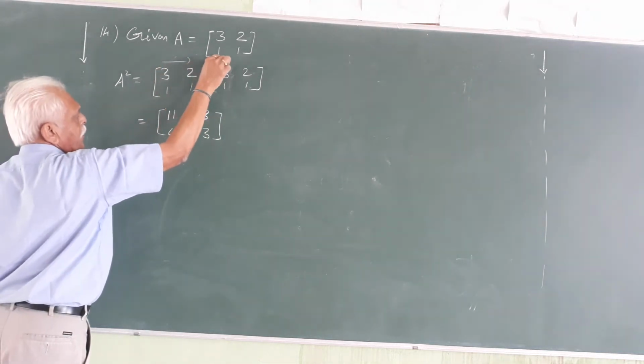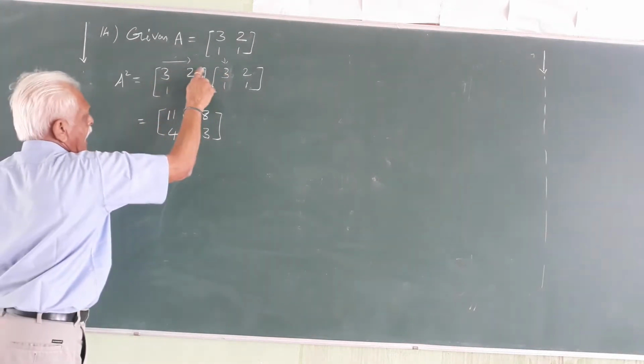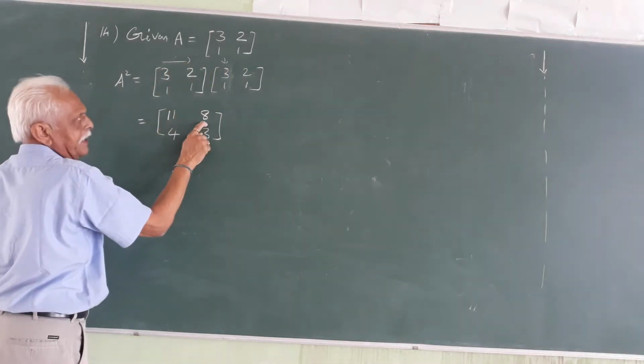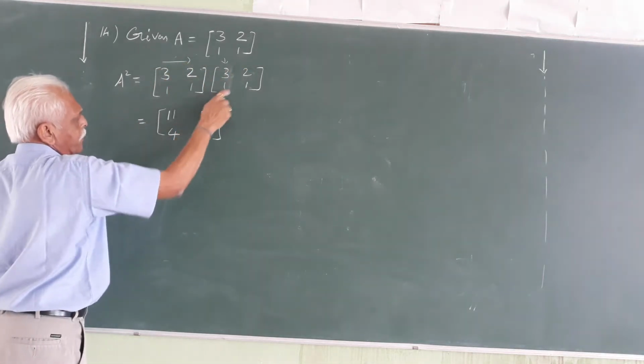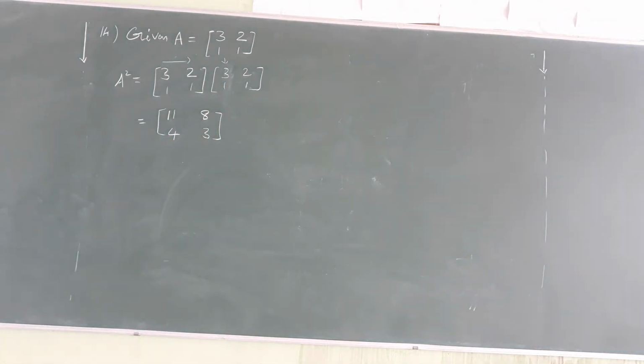This is first row into first column, add the products. 1 into 3 is 3 plus 1, 4. This is A square.